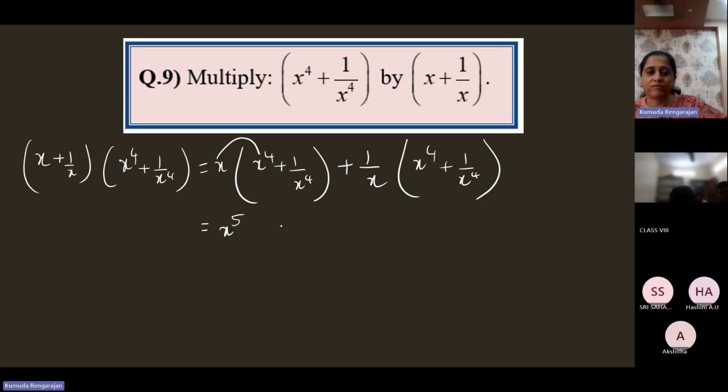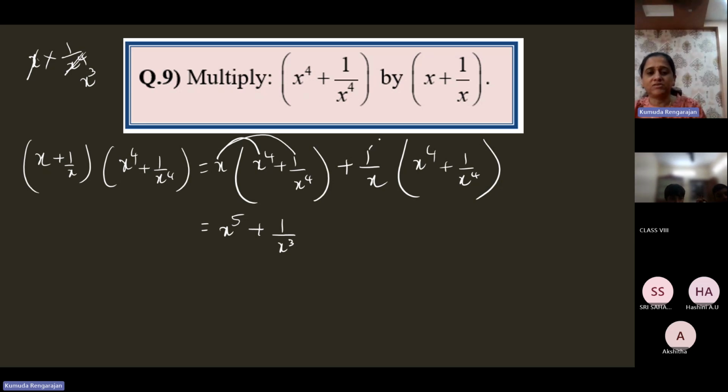The 1 plus 4, 5. Then x into 1 by x power 4. So that means this x and 1 x here will get cancelled. In the denominator, there are 4 x's: x into x into x into x. So 1 x and 1 x will get cancelled. So you'll be left with x to the power 3. So it will be plus 1 by x to the power 3.